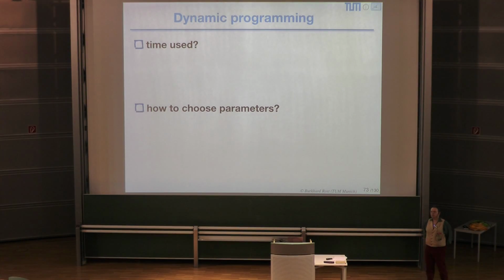A big problem in dynamic programming is the time that is used, so it's slow, and it's unclear how to choose the parameters. I said there's a gap opening, there's a gap elongation, there's a particular matrix. Those are free parameters. How do you choose them? There is no optimal choice for any of those.